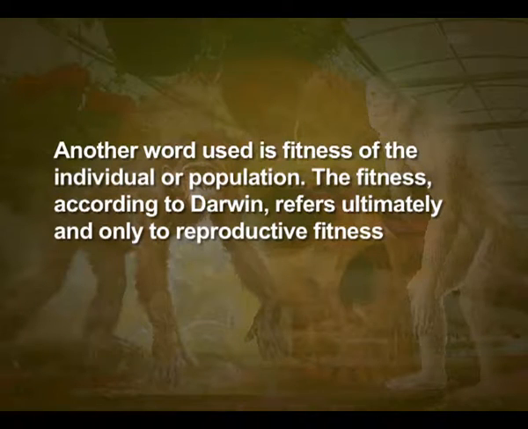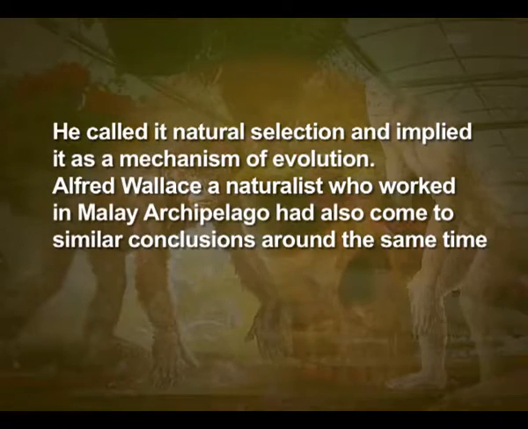The fitness, according to Darwin, refers ultimately and only to reproductive fitness. Hence, those who are better fit in an environment leave more progeny than others. These therefore will survive more and hence are selected by nature. He called it natural selection and implied it as a mechanism of evolution.